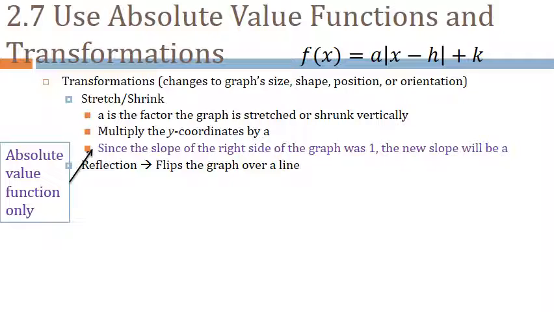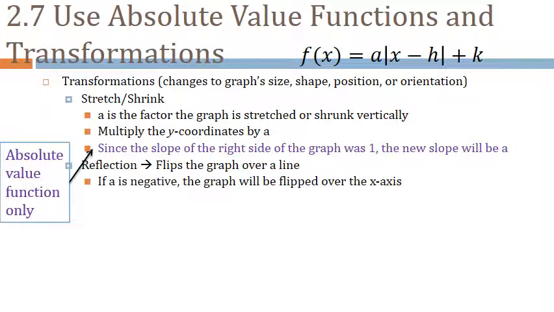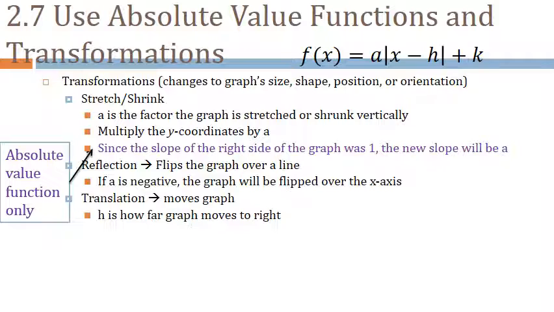Another transformation is reflection, which flips the graph over a line. If the a is negative, the graph will be flipped over the x-axis. Another transformation is a translation, which moves the graph. H is how far the graph moves to the right. K is how far the graph moves up.